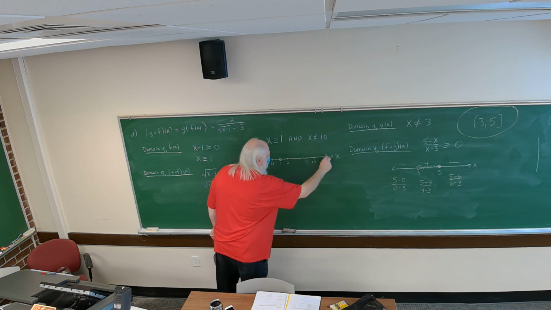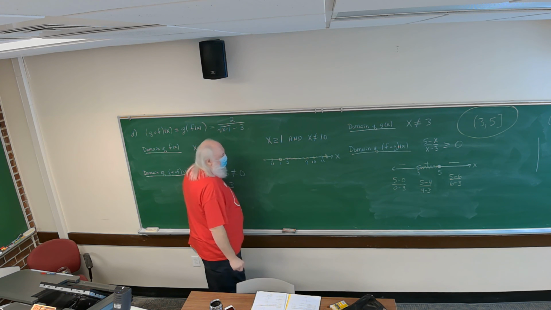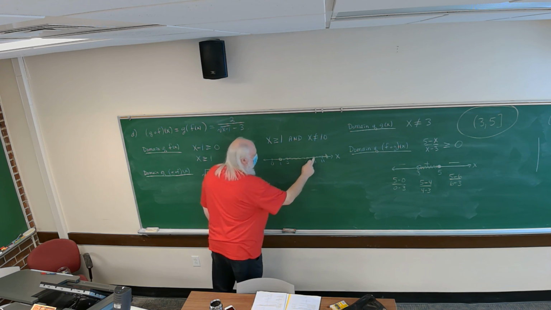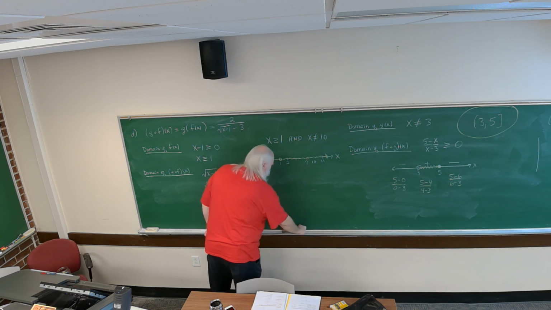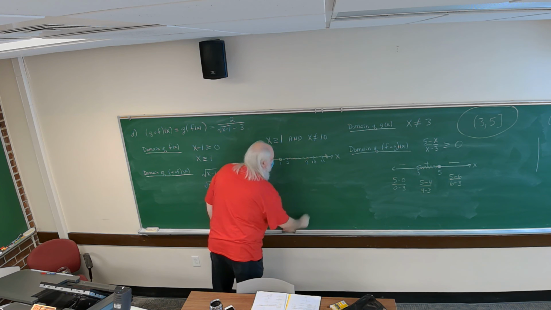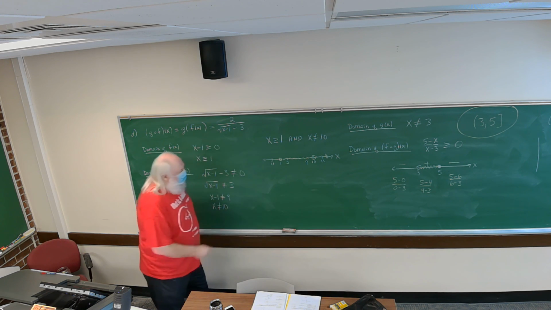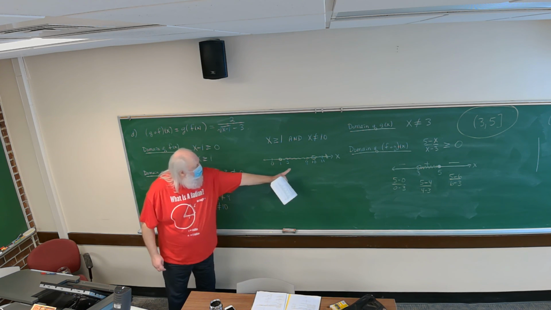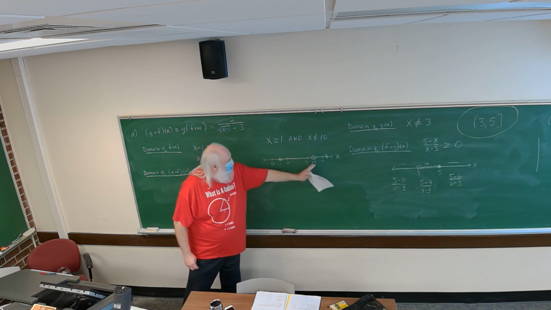Correct? But then x can't equal 10. So here at 10, you have to add an open circle. And that's the graph of the domain. Okay? x greater than or equal to 1, and x can't equal 10.